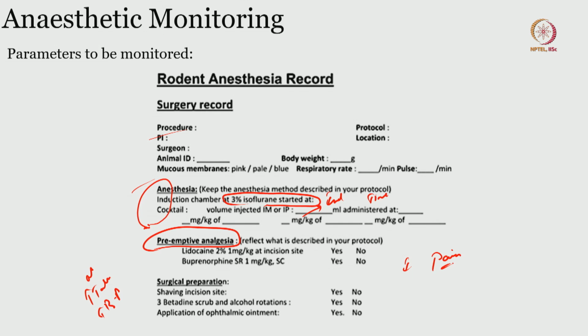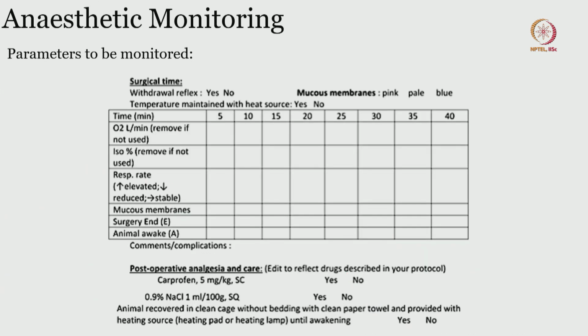So, to blunt that, you can infiltrate local anesthesia like lidocaine or buprenorphine to blunt the effect due to the pain, so that the vital parameters stay smooth throughout the procedure. And of course, you can also include the details on surgical preparation in the same record.